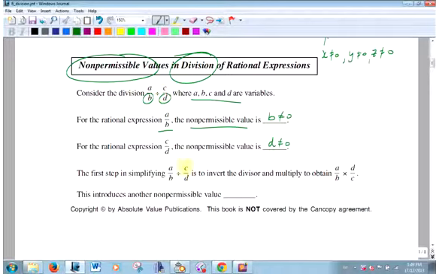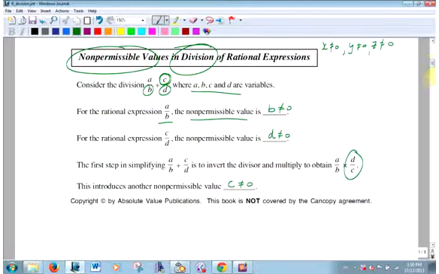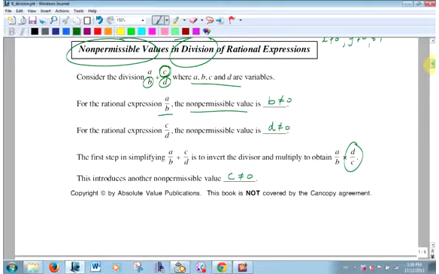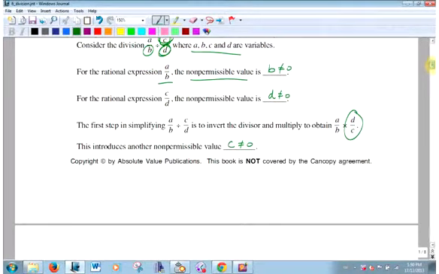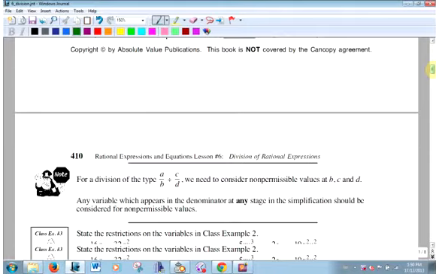But like I just said, when I divide this, these guys flip around. So I'm introducing a new non-permissible value: C can't be 0. All right? I'm not here to try to trick you on the test, but you might get a couple where you have to think when you're dividing, where you have both variables on the top and the bottom that you can't do it with.